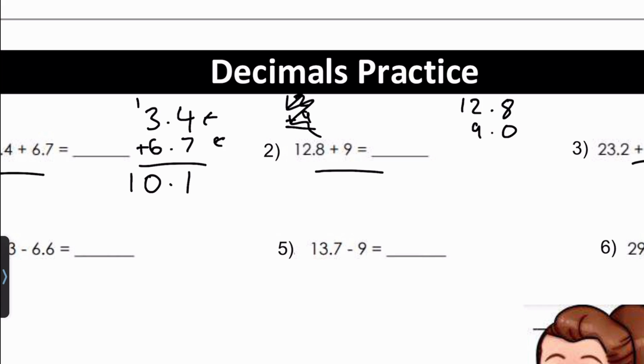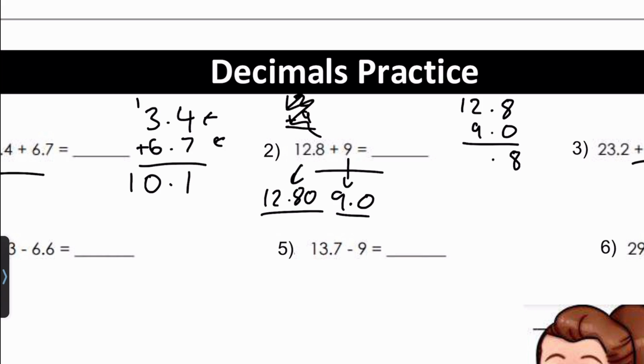But when you're doing 12.8 plus 9.0, you have to make sure the decimal points line up. 9 is basically just equal to 9.0, as 12.8 is also equal to 12.80. So if there isn't enough decimal points in your number, just add a 0 at the end, and then you'll be able to line up the decimal points. And then you can continue to add normally.